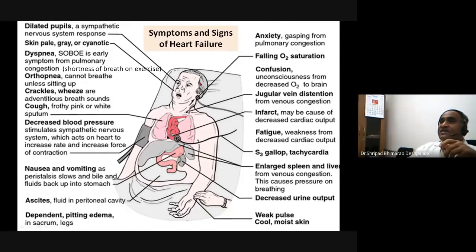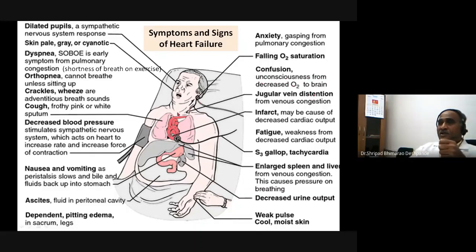The person naturally is anxious, gasping from pulmonary congestion, because there is already dyspnea. Then hypoxemia, resulting in dyspnea. Then he is confused. If there is too much hypoxemia, there is confusion and unconsciousness because of decreased oxygen to the brain.